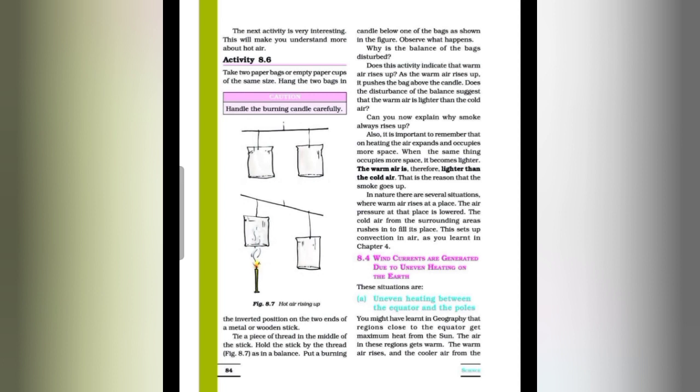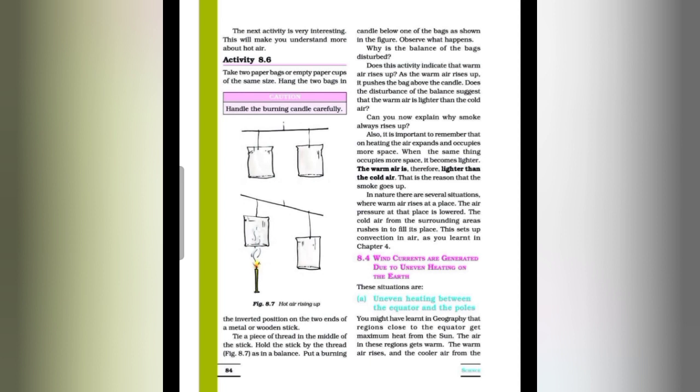Now tie a piece of thread in the middle of the stick. The other end of this thread is tied to a hook that is fixed to a rigid surface. Now put a burning candle below the open mouth of the left side paper bag.